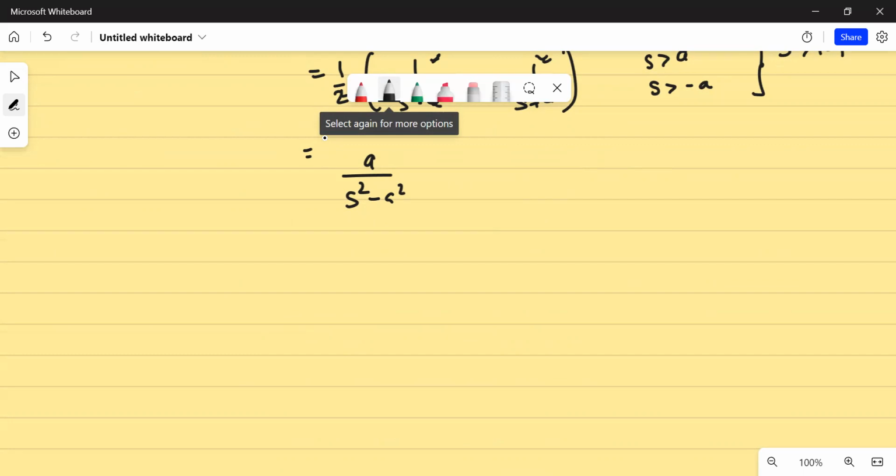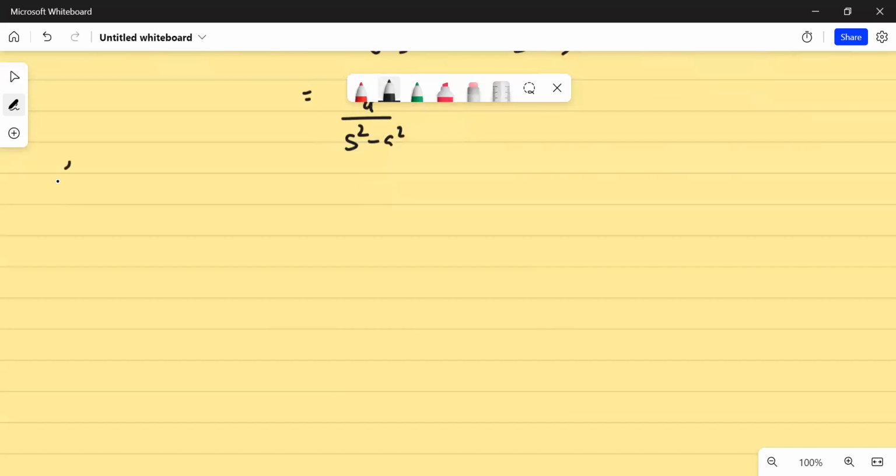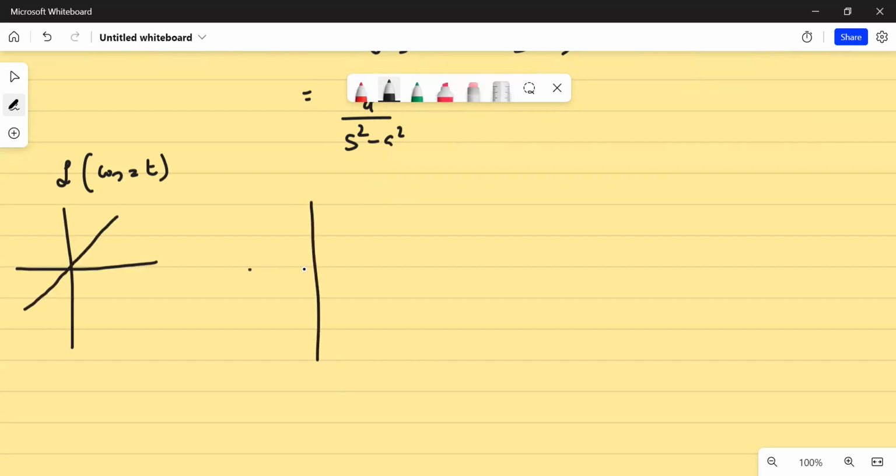Let's try to find one question so that it will give you some sort of practice. I'm writing: the Laplace transform of cos 2t can be represented by which of the following graphs? Oh, okay, for t greater than 0.